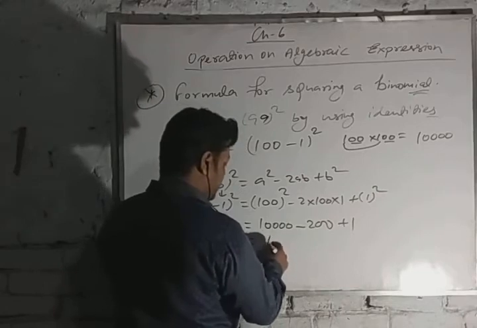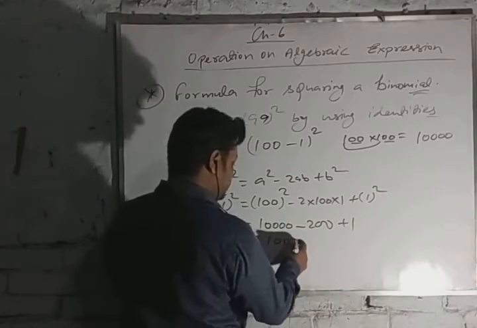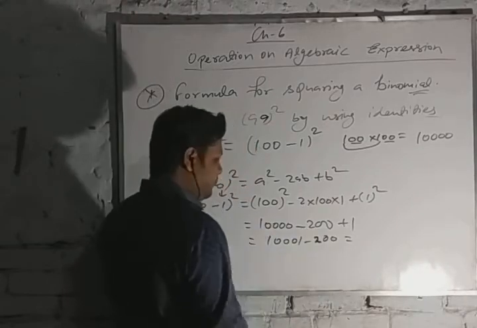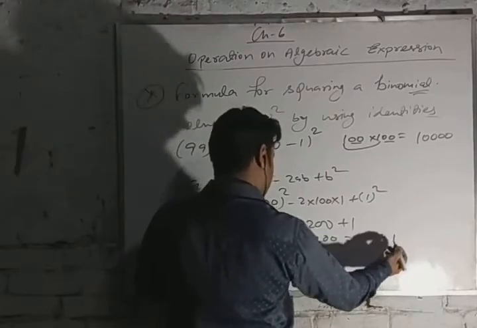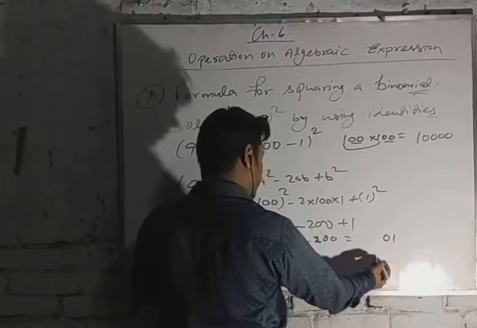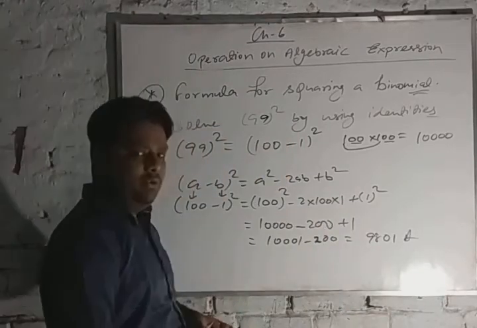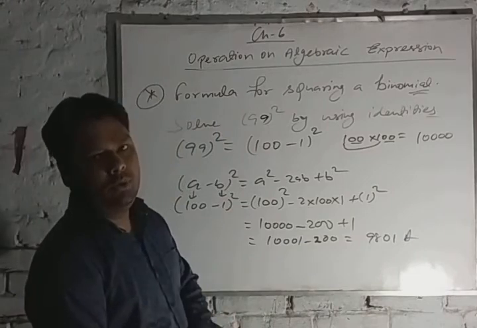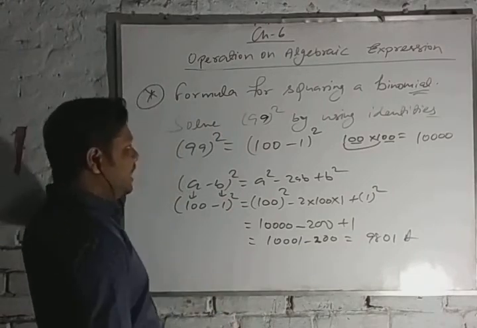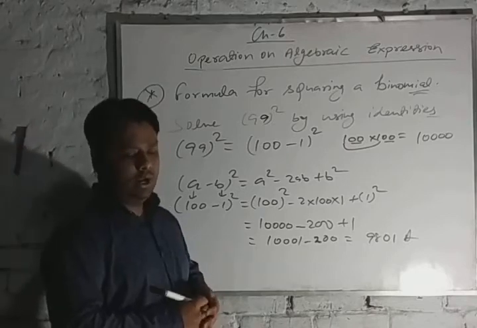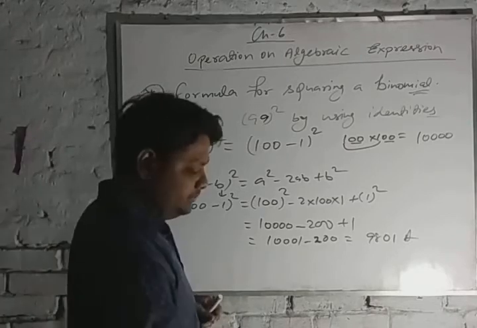Then we get 10001 minus 200. Then what will you get? 9801 will be our answer. Okay. Now let's see another question by using another identity. Okay. Let's see.